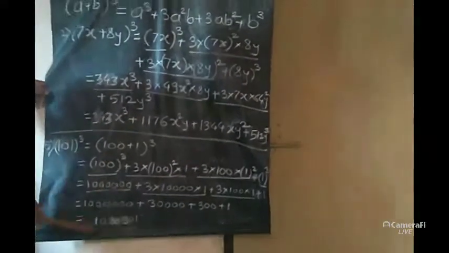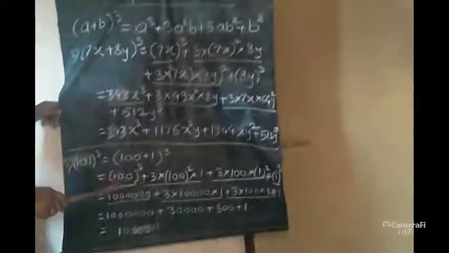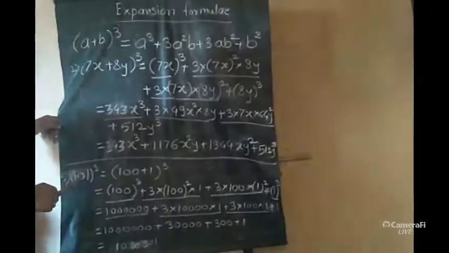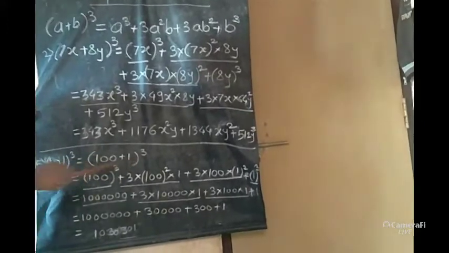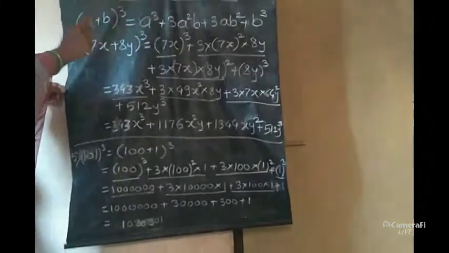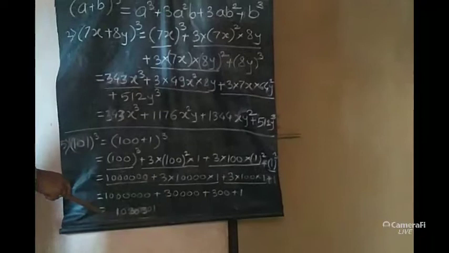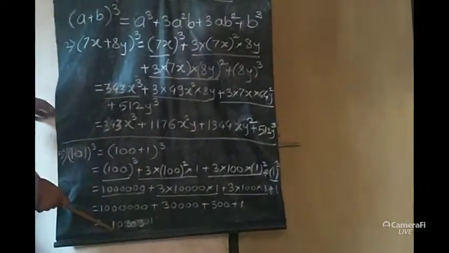This is the cube of 101. In this example, we first divide 101 into an addition form, and then use this formula and find the cube of 101.